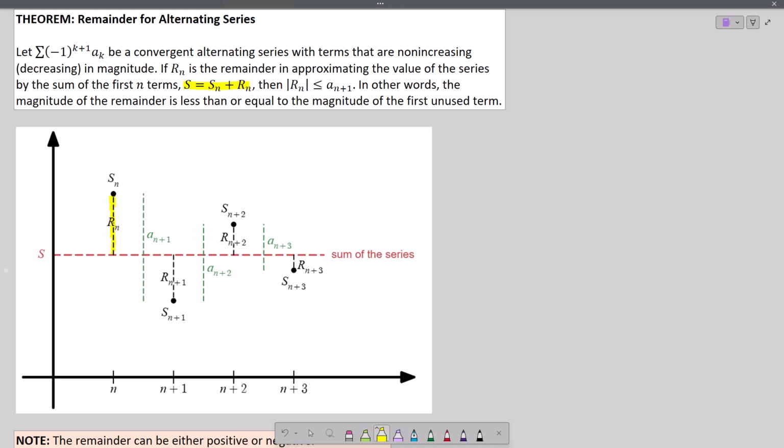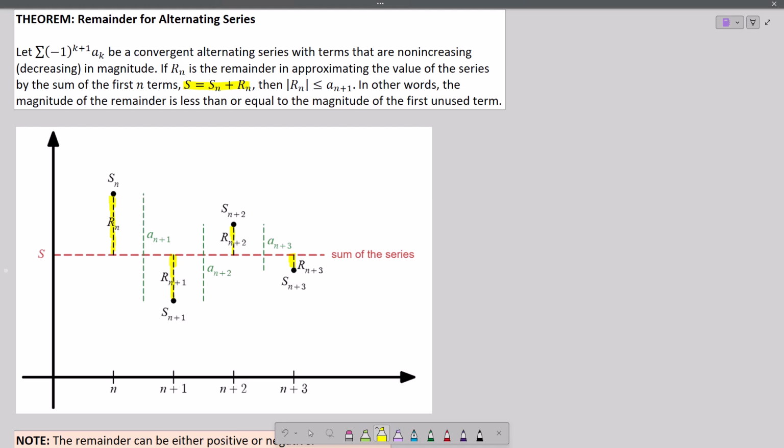Okay? If we're here at S sub n plus 1, then this is the remainder, right? The remainder is the difference between the partial sum and the actual sum of the series, the eventual sum. All right, so you can see there's the remainder for this partial sum. And similarly, there's the remainder, that distance. You can see the remainder is going to 0. This is a convergent series, so the remainder should be getting smaller and smaller as we go out.